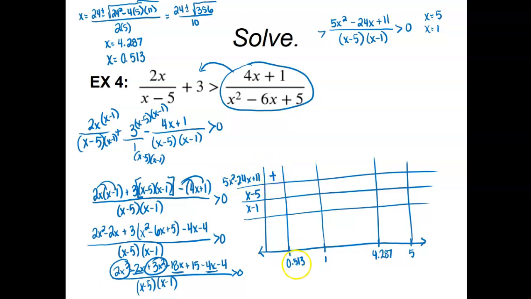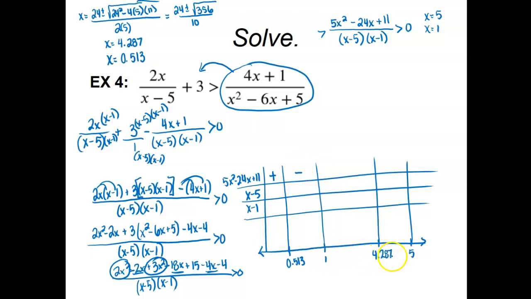A number between 0.513 and 1 might be like 0.6. So I'm just going to use my calculator real quick to do 5 times 0.6 squared minus 24 times 0.6 plus 11. And it gives me negative 1.6, so I get a negative here.